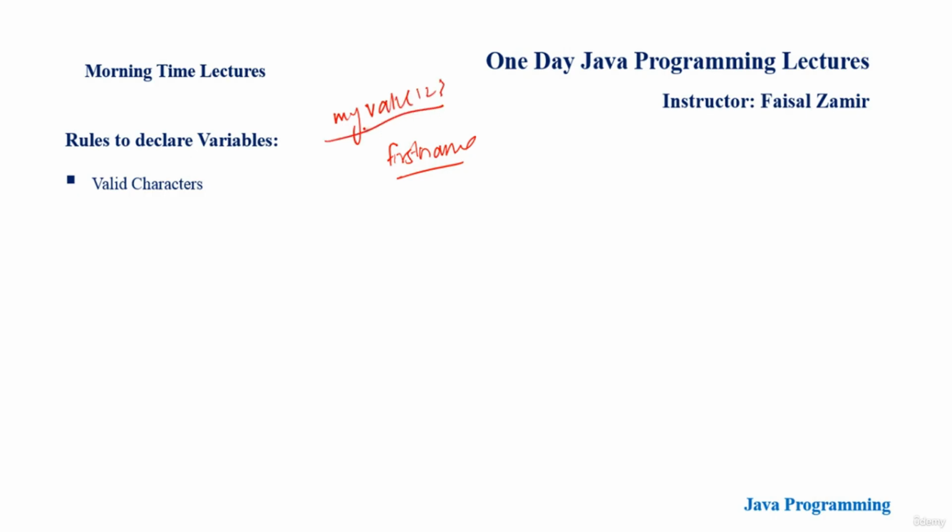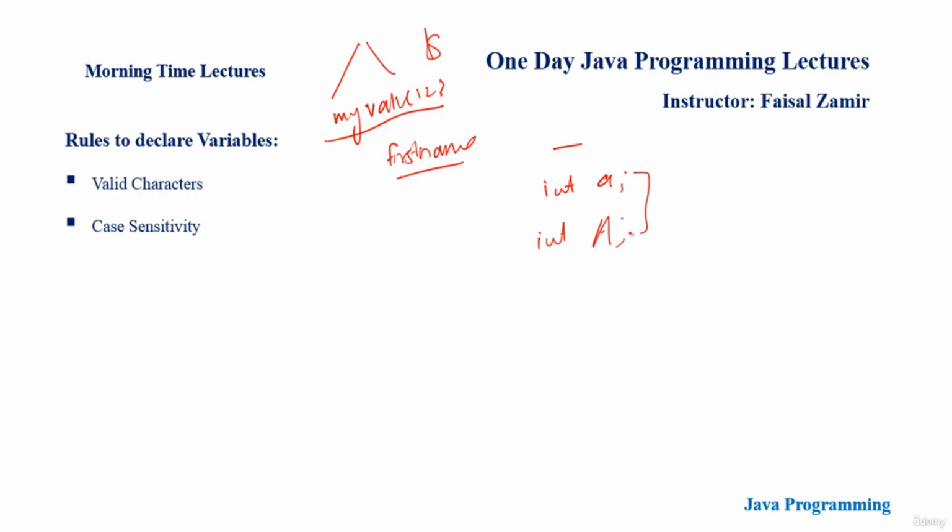You can put uppercase, lowercase, and numbers also in your variable, but you cannot put any other special character. For example, slash, forward slash, backslash, dollar sign, any other character you cannot use except underscore. You can use underscore. Case sensitivity means, for example, you declare variable int a and another is int A.